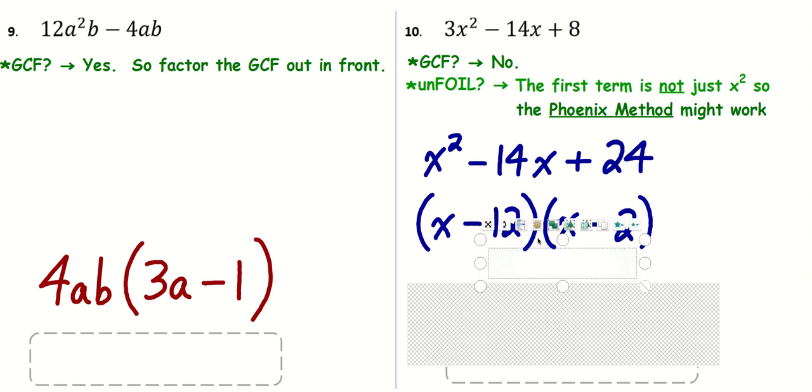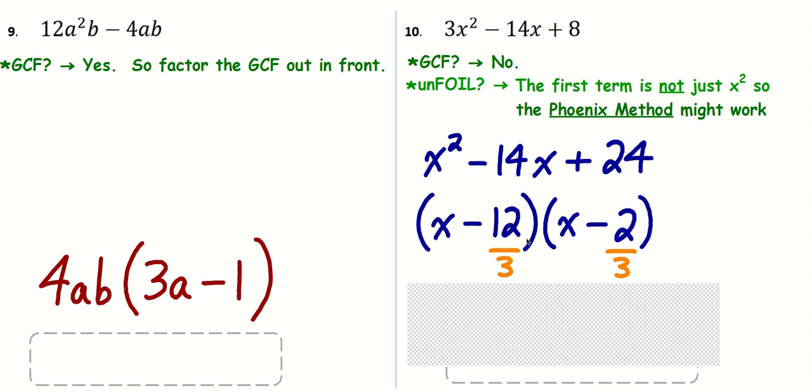And then remember, you're not done. It's time to bring the Phoenix back to life in all its fiery glory. And then you have a couple fractions, so you reduce any fraction that you can.